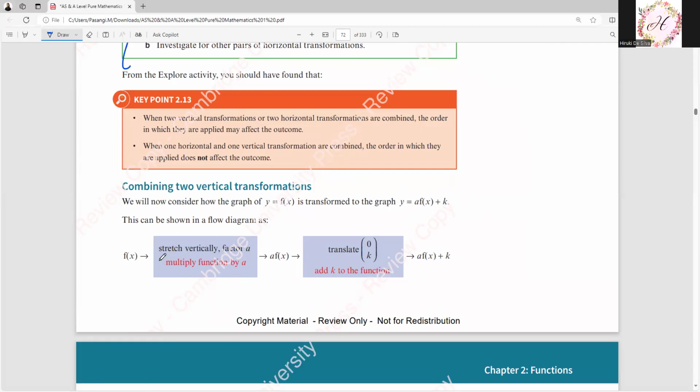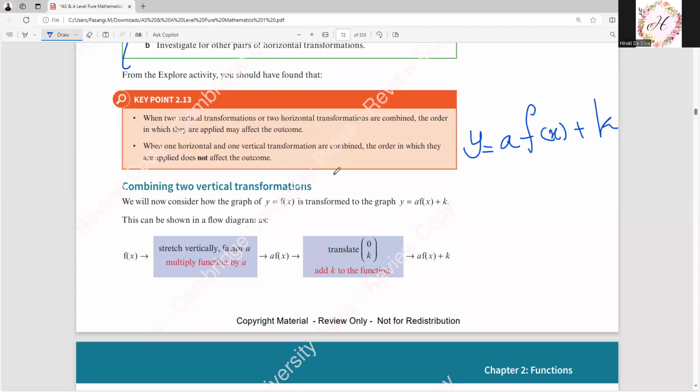The first step is stretch vertically by factor a, multiply the function by a. Now the equation they have given was a times f(x) plus k.